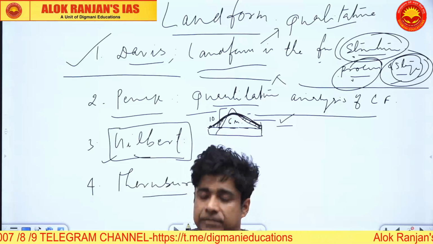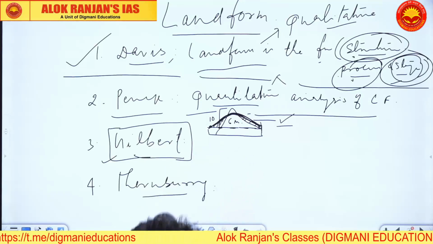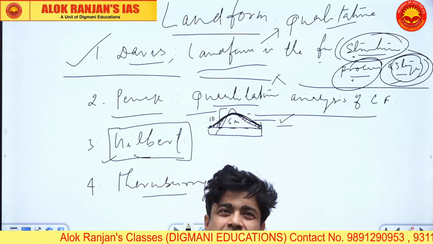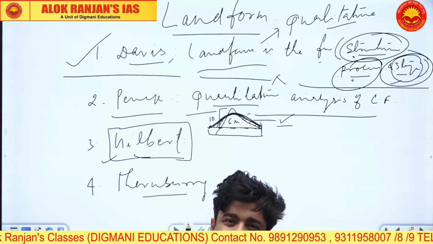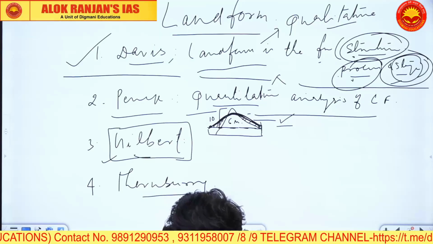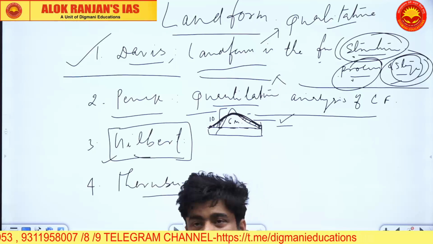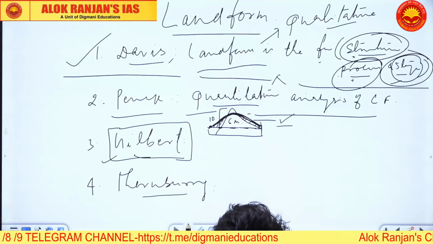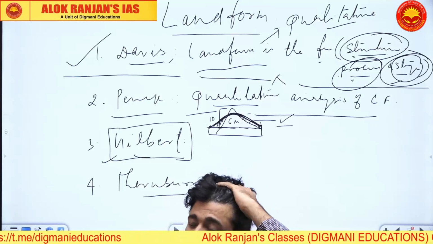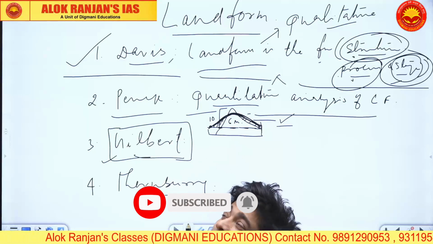So please write. लिखो landform is an individual feature such as a valley, slope or mountain.